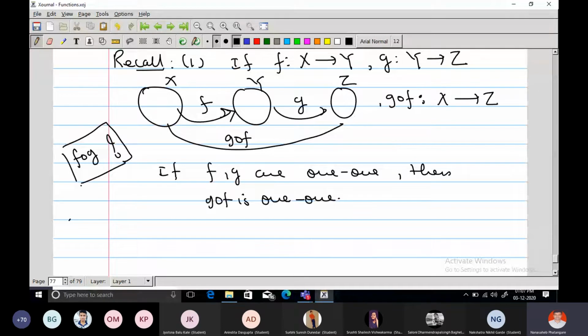Here g composite f makes sense, meaning we first apply f and then g, because g composite f of x is g applied on f of x. So to apply g, if x is in the domain of f, then f of x is in the domain of g, and then we can apply g. g composite f makes sense, but f composite g doesn't, right? Do you understand what I am saying?